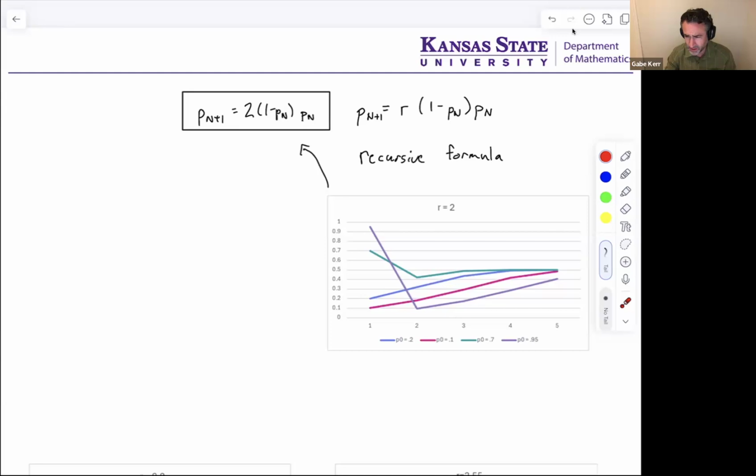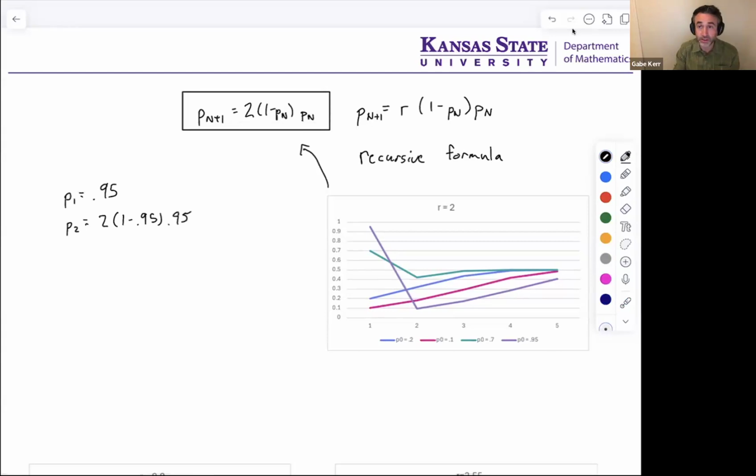For example, if we started with one of the purple ones, we would start with P sub 1 equals 0.95. Then if you put 0.95 into this relation, we can find P2. In other words, P2 is 2 times 1 minus 0.95 times 0.95.